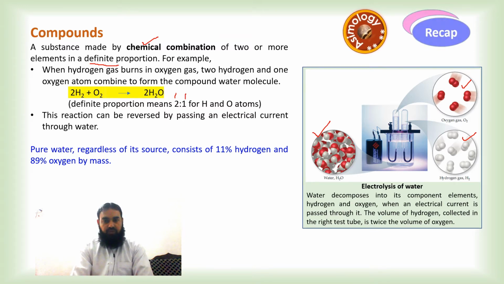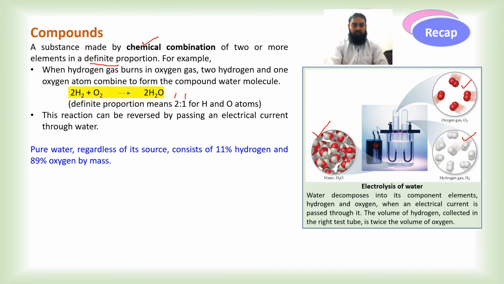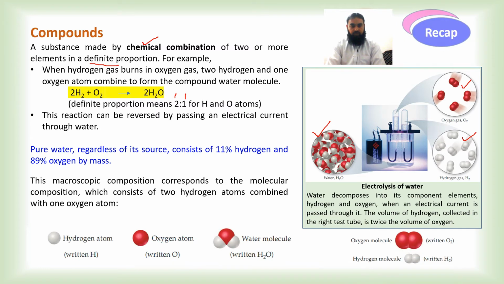So this compound can also be reconverted to its constituent elements by applying certain methods, like electrolysis of water. When you pass electricity through water, it is decomposed into constituent elements, hydrogen and oxygen, and the ratio, the macroscopic composition you are getting from the electrolysis of water, corresponds to the molecular composition.